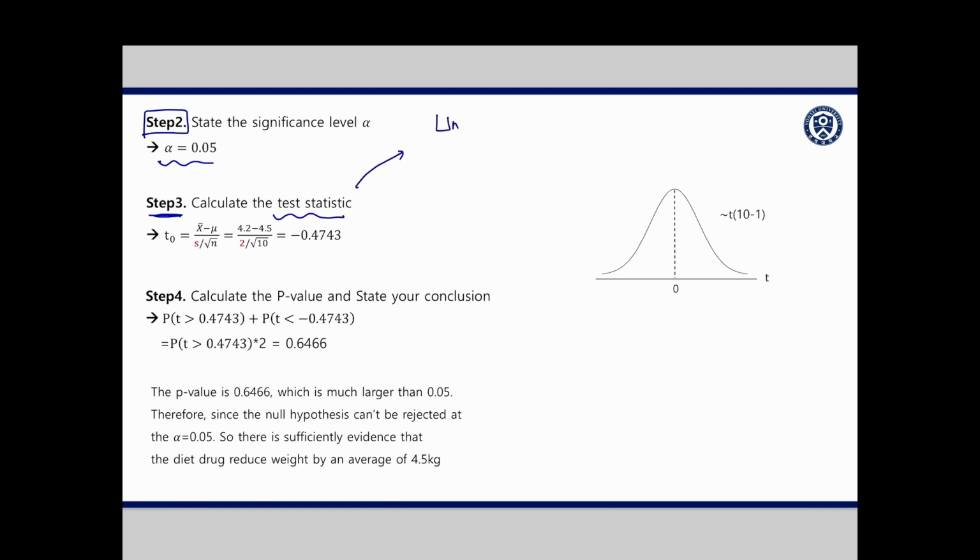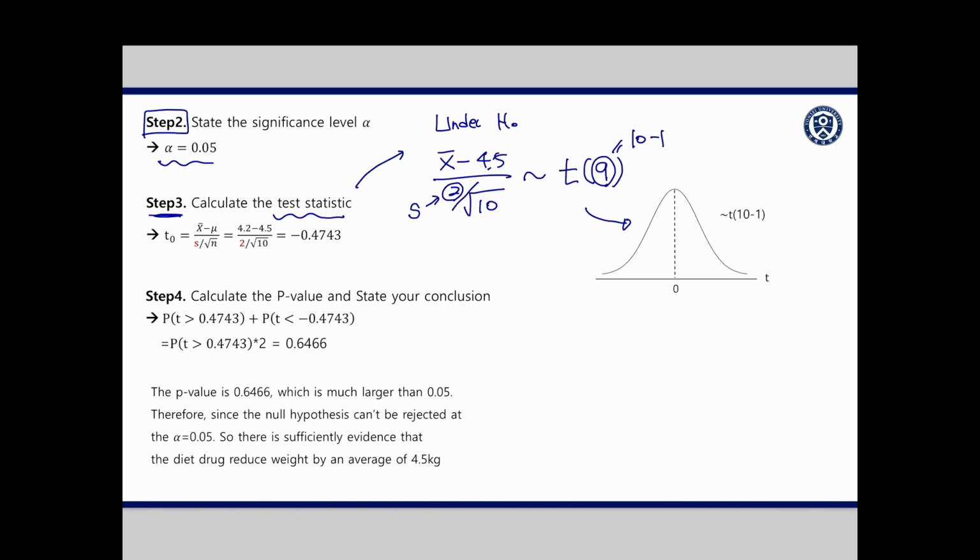Under H0, X bar minus 4.5 over s divided by the square root of 10 follows the t distribution with degrees of freedom 9, the sample size 10 minus 1. So we can draw the probability distribution like this.